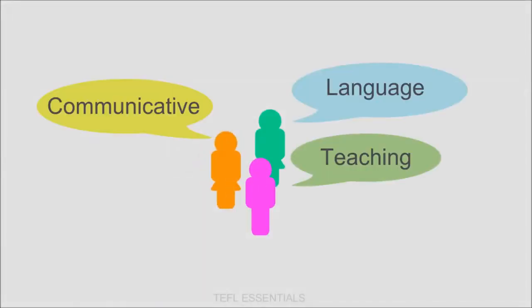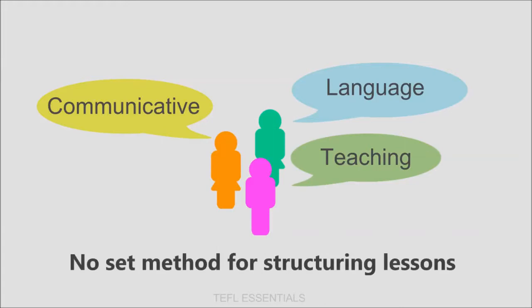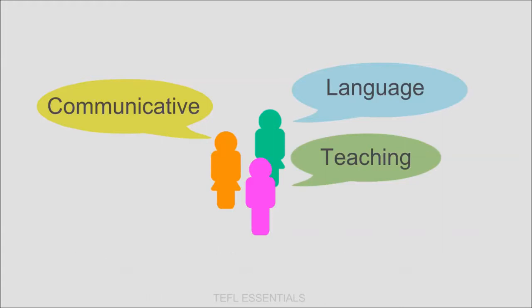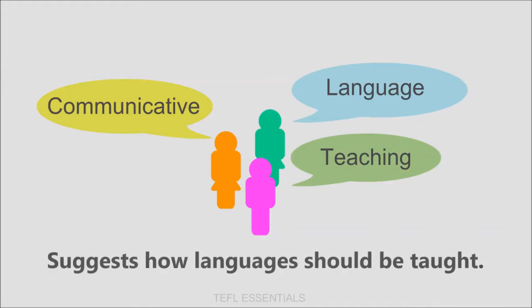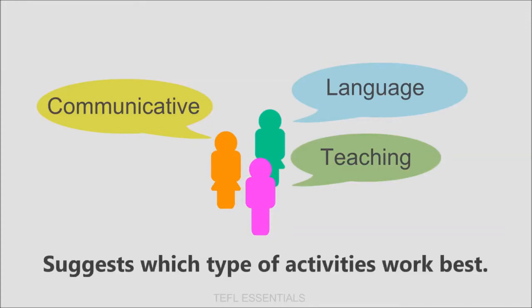The communicative approach, communicative language teaching, or CLT for short, differs from previous teaching approaches as it doesn't set out a set method of structuring lessons. Instead, the communicative approach provides a theory of how languages are best learned and makes suggestions based on this theory on how languages should be taught and which activities work best.